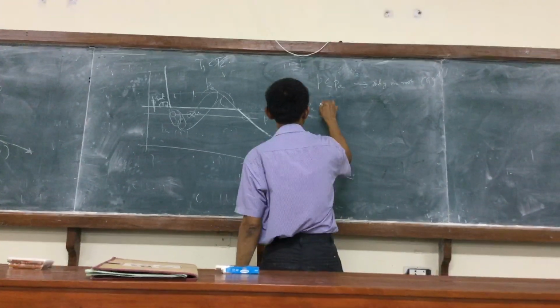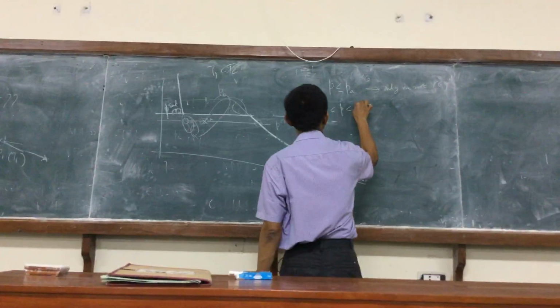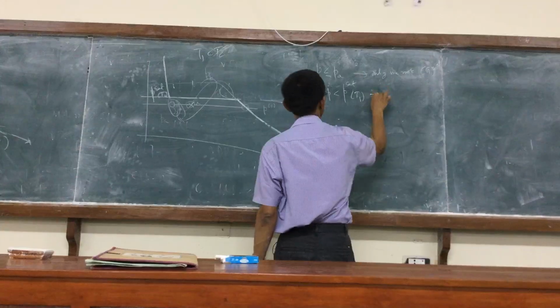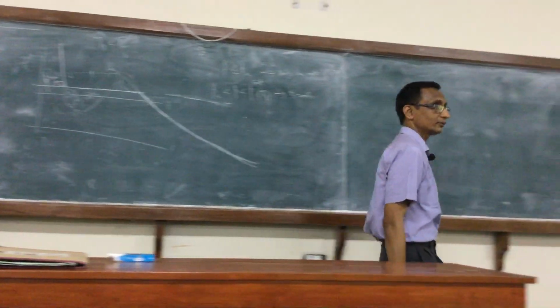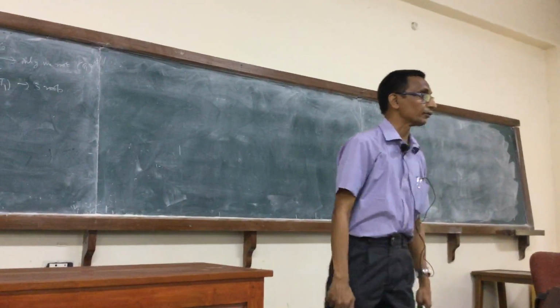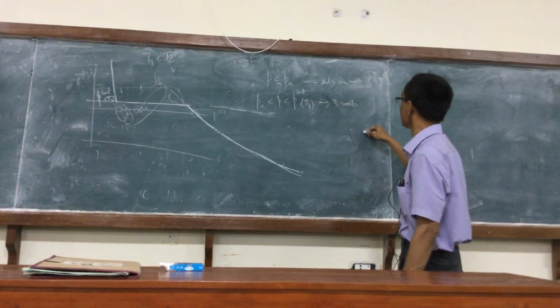Now between PA less than P less than Psat, three roots exist, right? And the three roots are given by the solution of the equation of state, right?